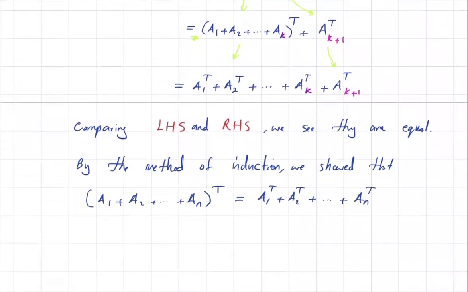You can write it this way as well: the transpose of the summation of A sub i, i starts from 1 to n, is equal to the summation of Ai transpose, i starts from 1, goes to n.